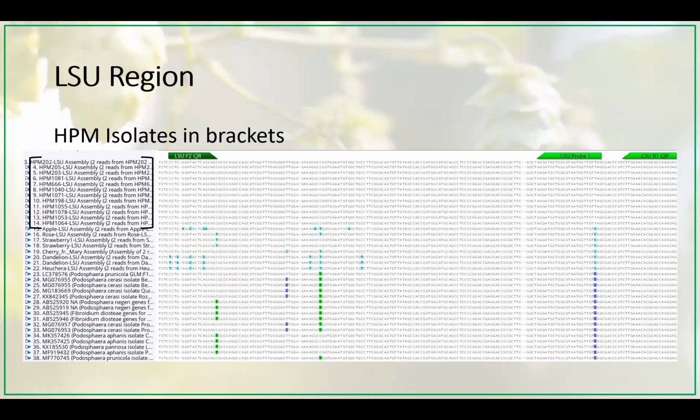Yeah, so I actually have ordered 2 more probes for this that I'm working on testing when I can. But yeah, that's kind of what we're going for. I've done a redesign here where I've moved this probe, LSU probe 1, further down, closer to the reverse primer.